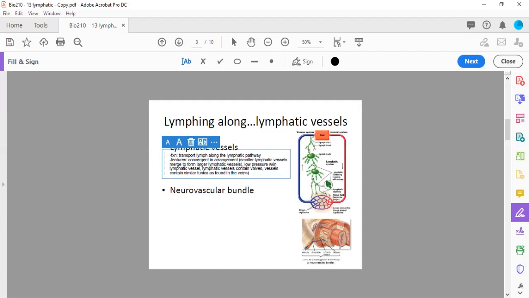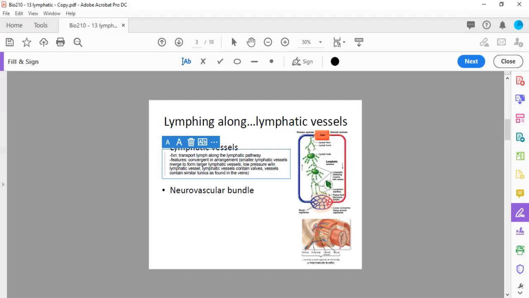If you remember what I taught you guys, the tunica in the veins are tunica externa, tunica media, and tunica interna. Not all veins have tunica media. And so we know for a fact that smaller lymphatic vessels do not have all three layers as well.